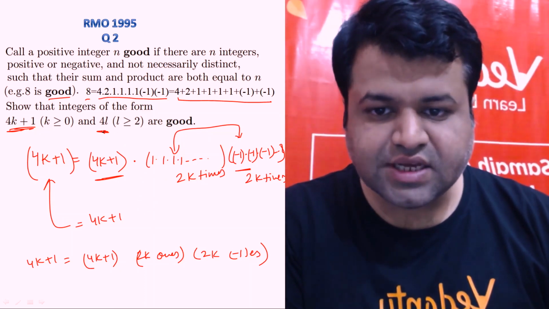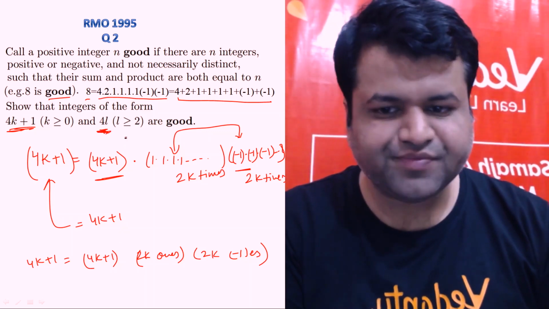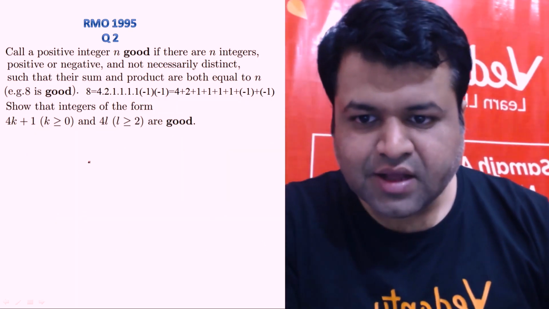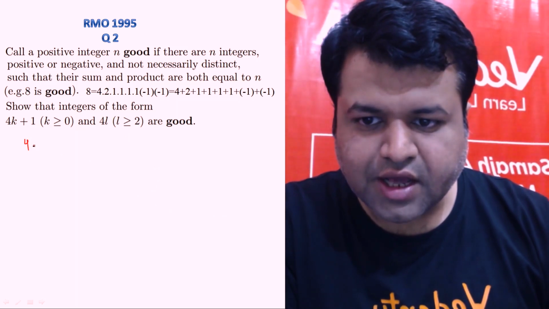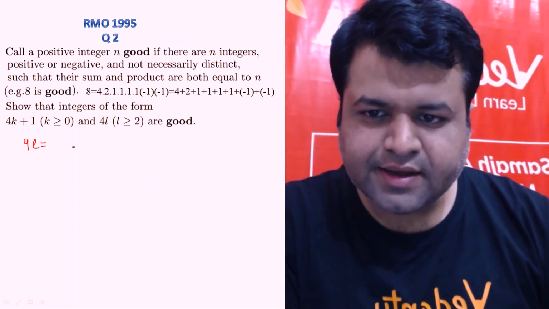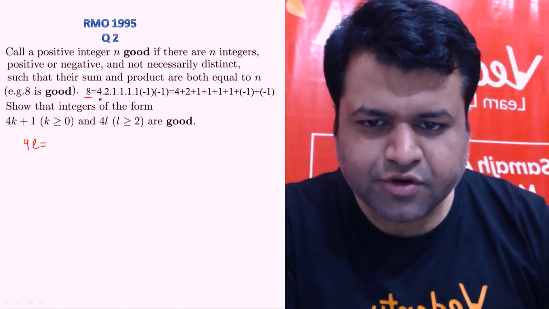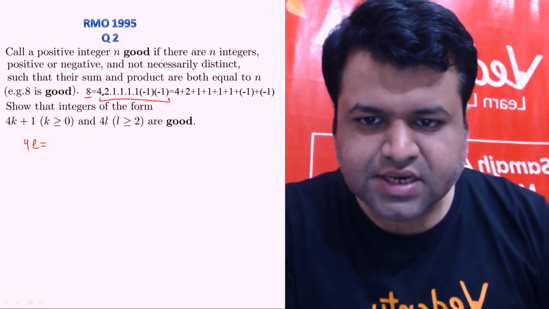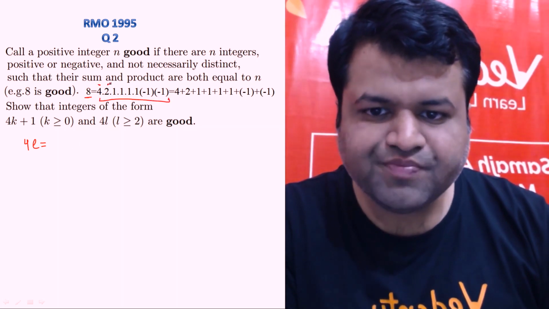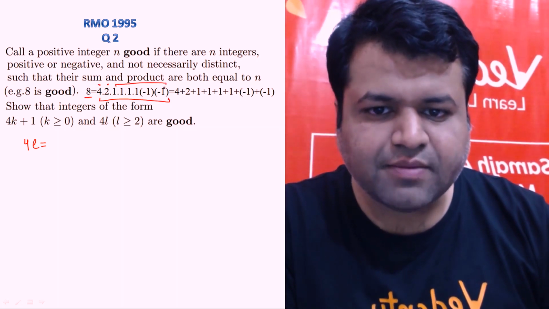So let's see how we will write 4l. Let's consider 4l. 8 is clearly of the form 4l, so let's take some hint from this number. It was written as 4 into 2 followed by some 1s and minus 1s.